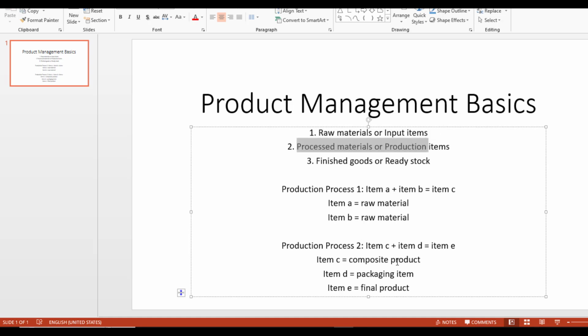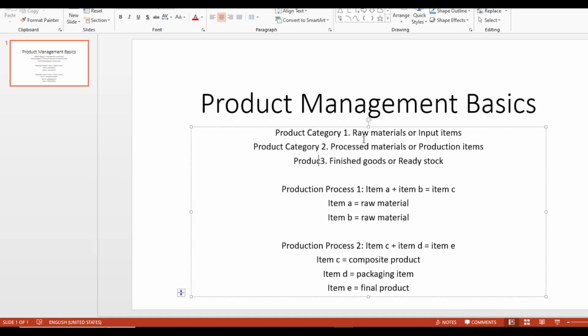So here, let's say category 1, category 2, right? So these are product categories.